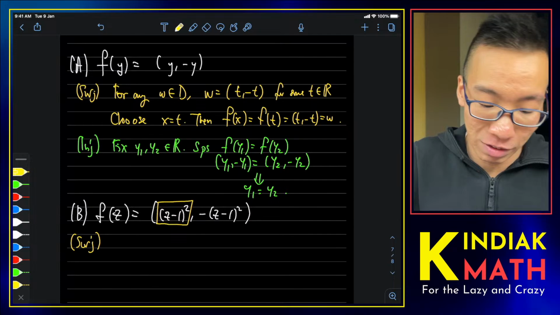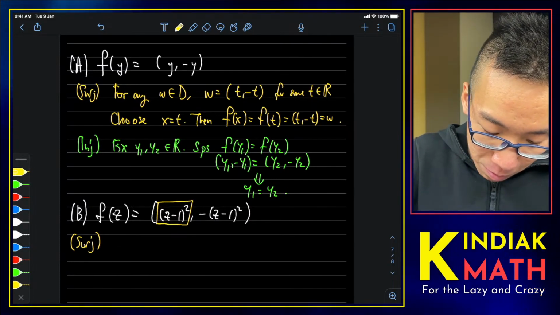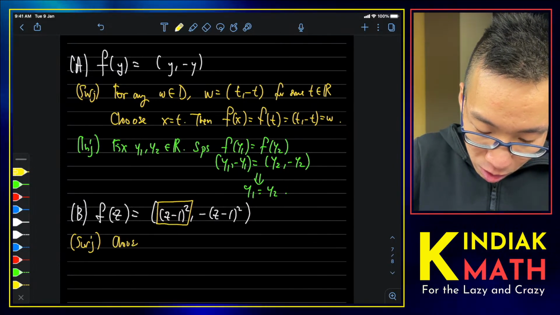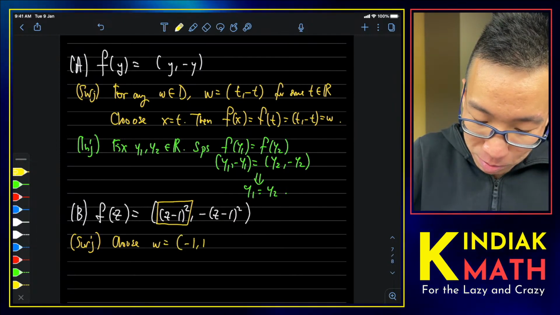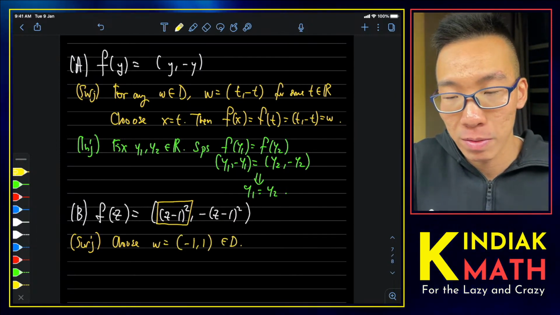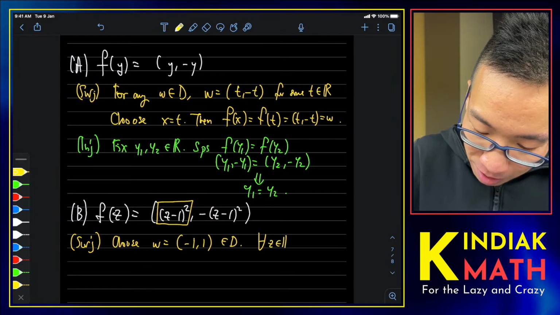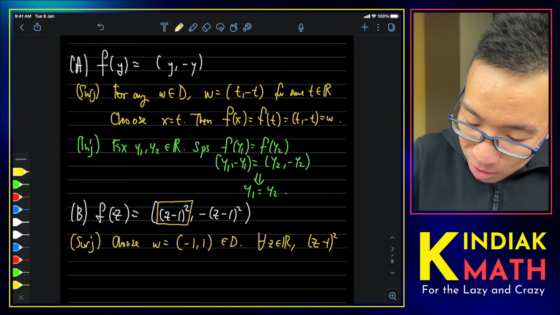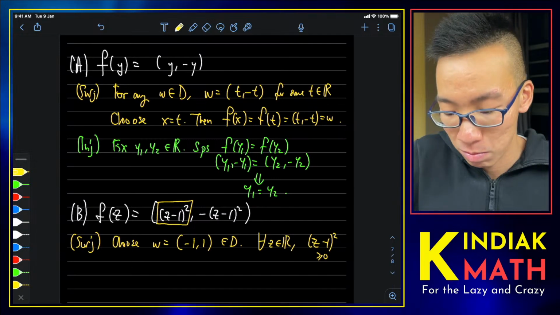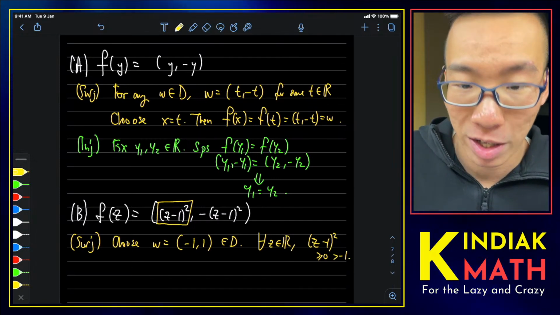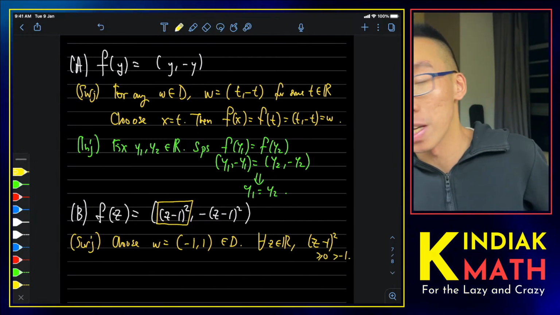The reason is, choose W equals negative 1, 1. But for any Z in real numbers, Z minus 1 squared is non-negative, and therefore it can never equal negative 1. So we don't get surjectivity.